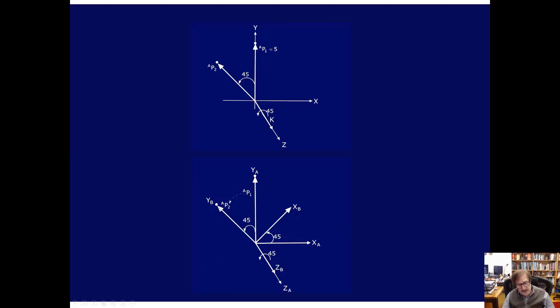If I now think that this point is on the y-axis of the B frame, then the xb is going to be also making 45 degrees with xa, like yb is going to be making 45 degrees with ya. Then zb and za are of course coincidental because the rotation is about the z-axis.